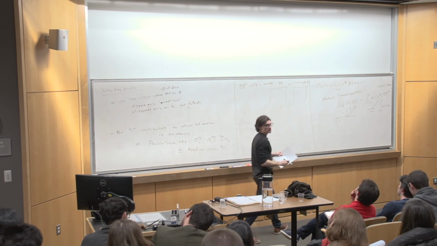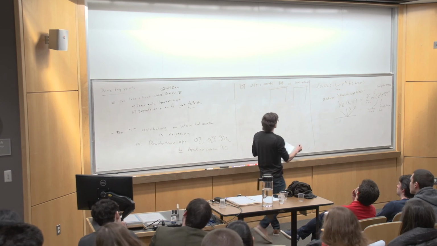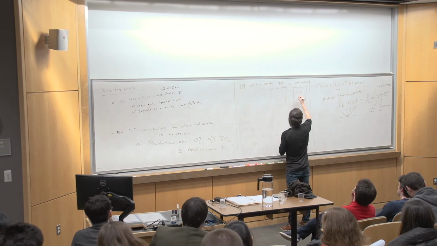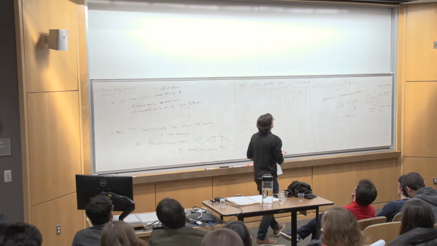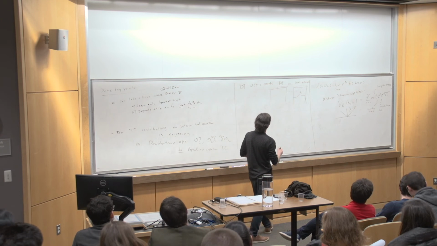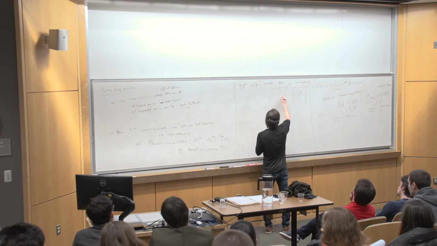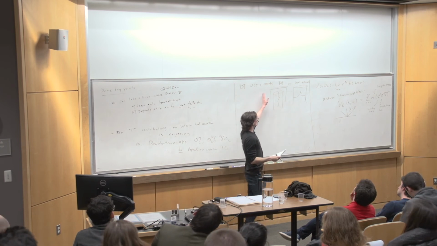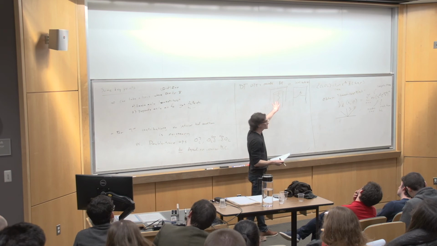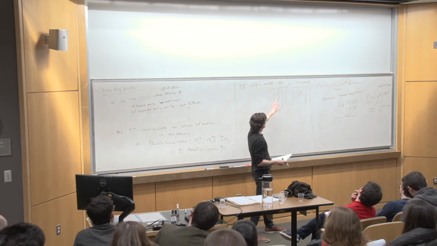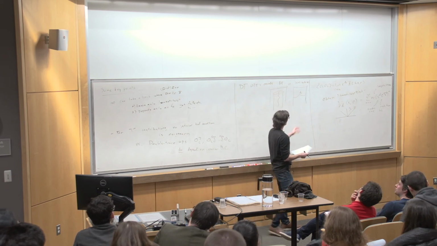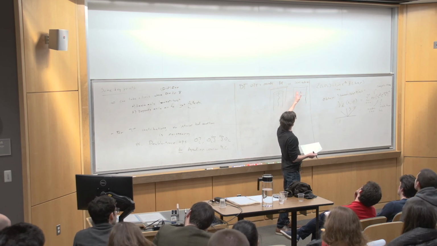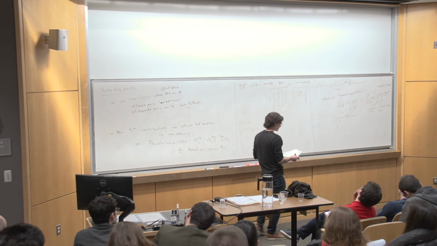Imagine if instead of computing it the way that I computed it, I had an extra bulk field, phi heavy, and I just inserted it in the bulk, and that's going to have some background versus the black hole, which, far away from these guys, they look indistinguishable, but as you come very close to them, they look very different. Particularly, the black hole has a horizon and a singularity inside, whereas phi is just smoothed out over its Compton wavelength, and so the boundary condition for it is very different.